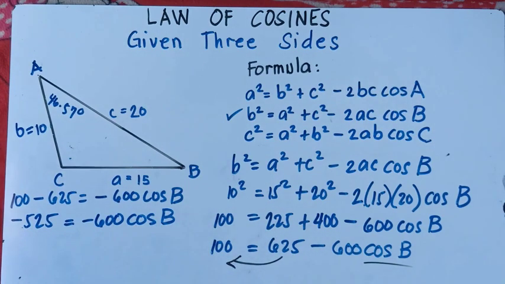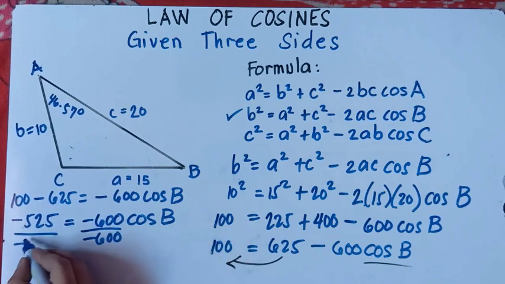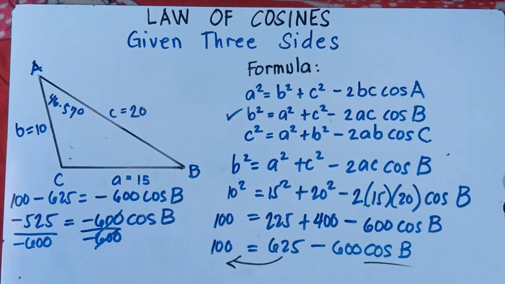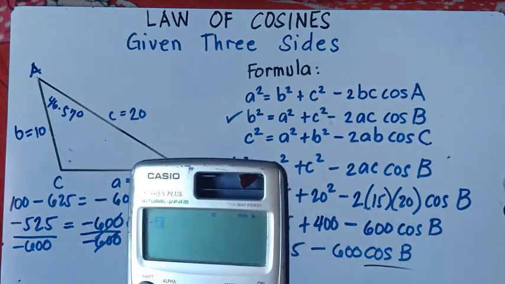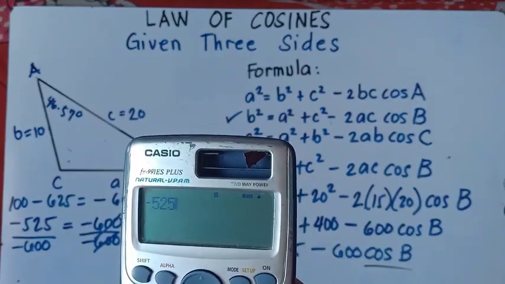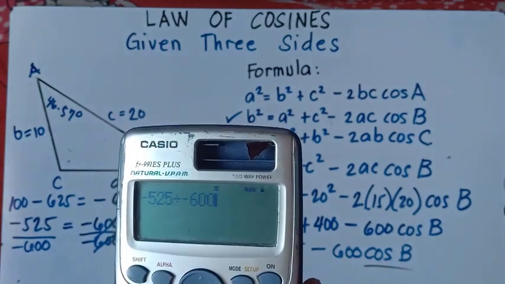So to get the value of B, divide both sides by this number so that we can cancel this out. Divide by negative 600, negative 600. So cancel this out. So let me divide that one. Negative 525 divided by negative 600.